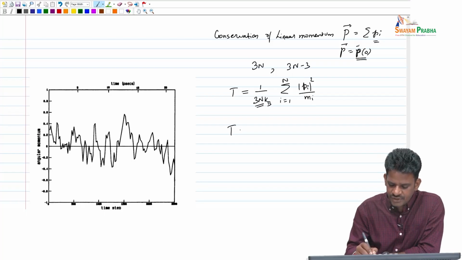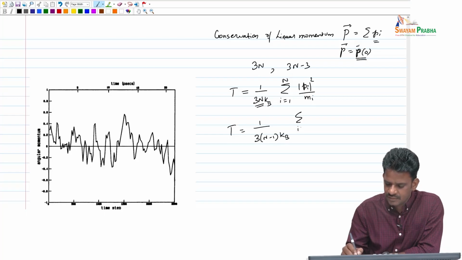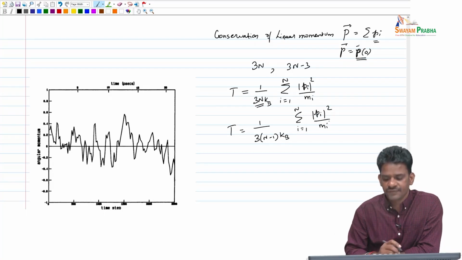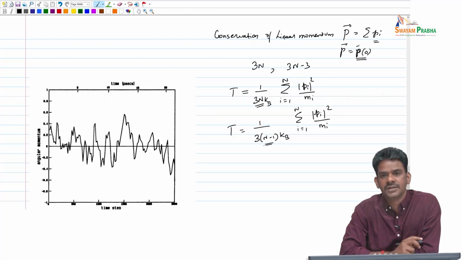So the actual temperature should have been calculated as 1 by 3n minus 1 times kb, because the actual number of degrees of freedom is now 3 times n minus 1 rather than 3n.